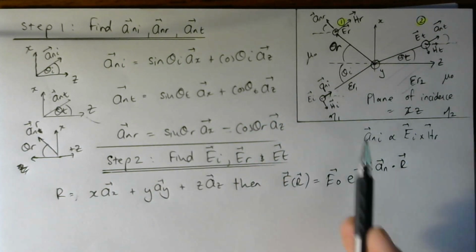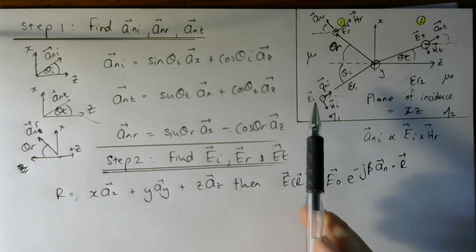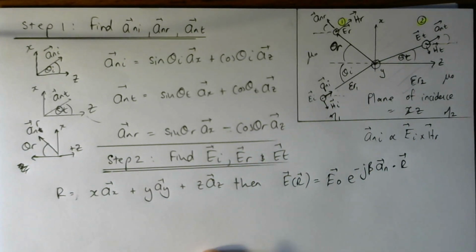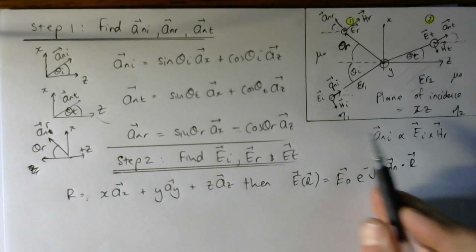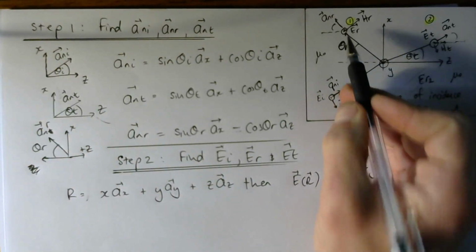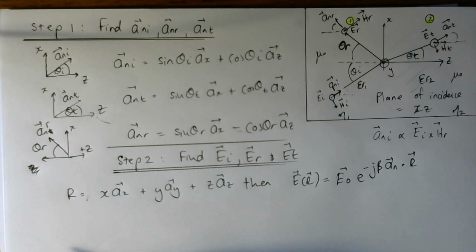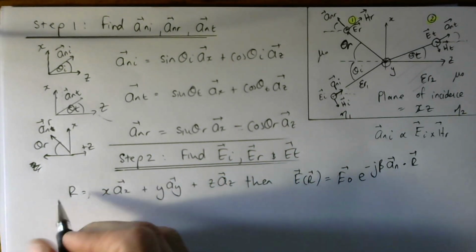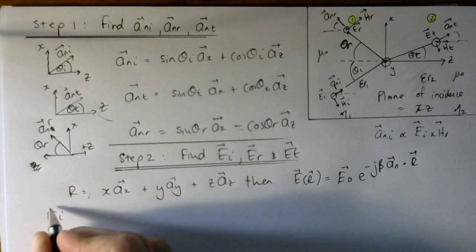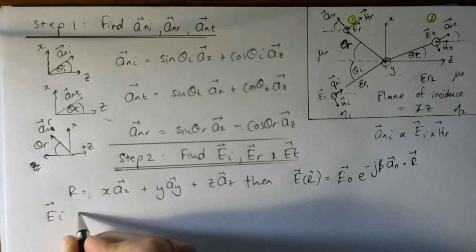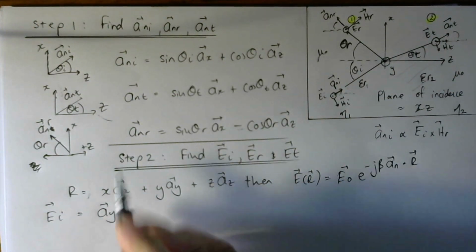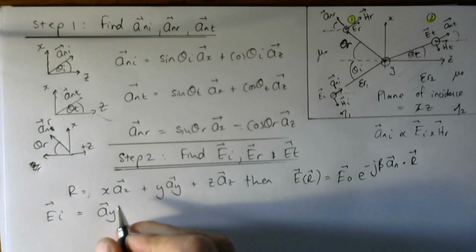But I know what those components are because I defined my electric field perpendicular to my plane of incidence. So let's start expressing now my field vectors E_I, E_T, and E_R in terms of this equation over here. So I have E_I, which is equal to, I'm working in the y direction, E_I is coming out of the board or out of the page over here.